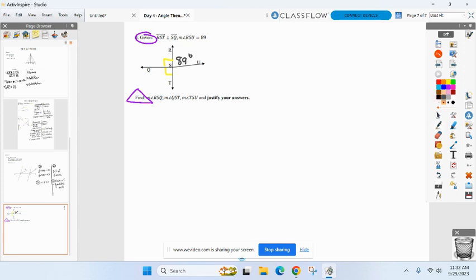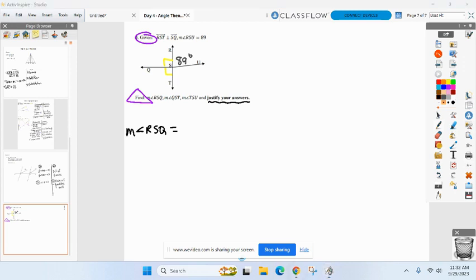Ready to find the angles with me? First angle, the measure of RSQ, and also to justify, which means after somebody gives me the answer, tell me why it's that angle measure. If you say it's 20 degrees, why is it 20? Explain yourself to me. That's what justify is.